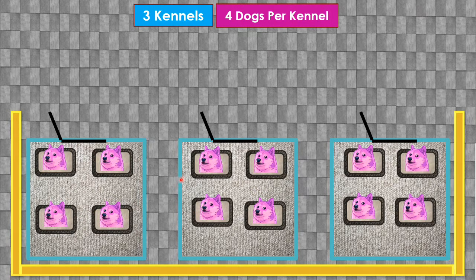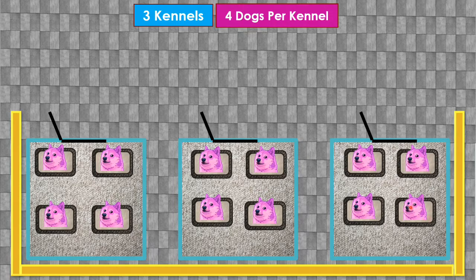The second kennel and the third kennel have an equal amount. 1, 2, 3, 4, 1, 2, 3, 4. So now we know that we can count 1, 2, 3, 4 three different times, and this will actually add up to the answer. 1, 2, 3, 4, 5, 6, 7, 8, 9, 10, 11.